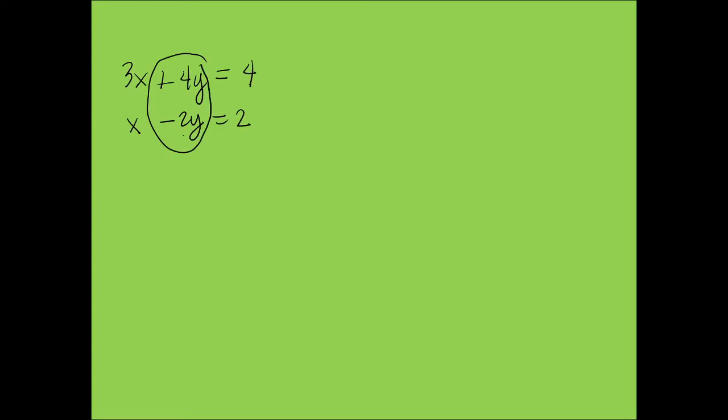So take note, focusing on the variable y, how can you make the second equation 4? Again, we already have 3x plus 4y is equal to 4. So take note, what are the coefficients of your y? The coefficients of y are 4 and 2.